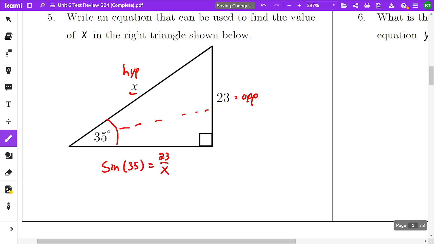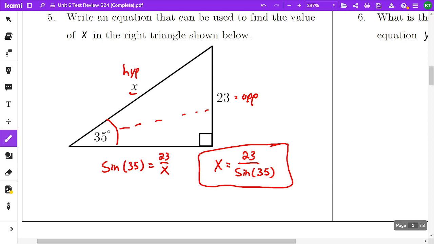If we were to solve this for x, I'd multiply both sides by x and then divide both sides by sine 35 afterwards. So then essentially I would end up with x is equal to 23 divided by sine 35. So that would be how we would find our x value there.